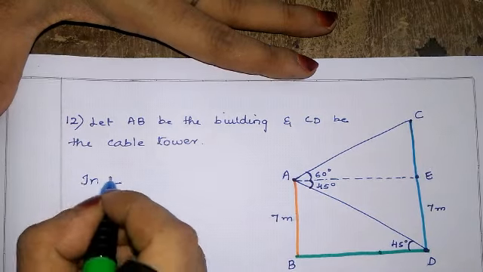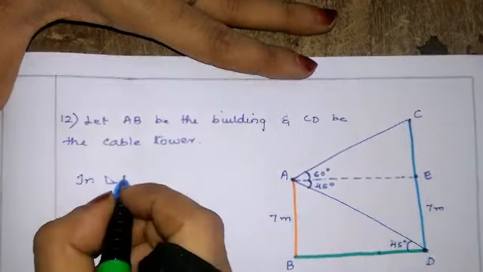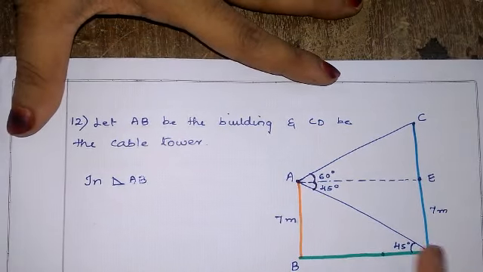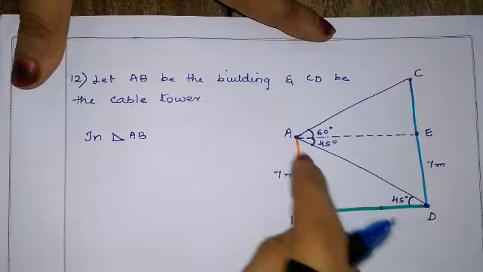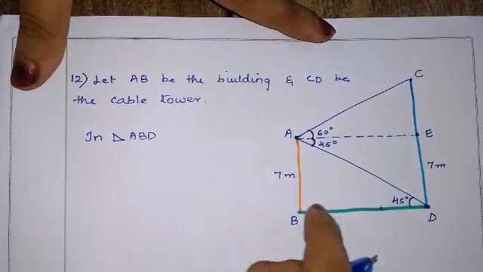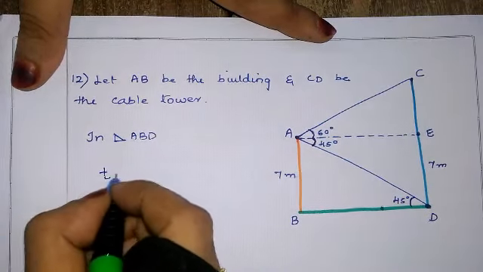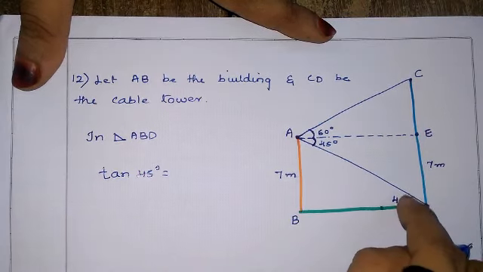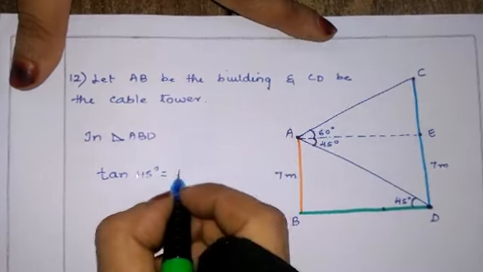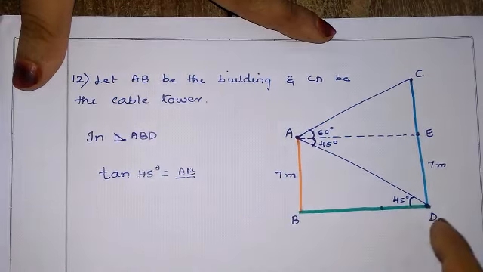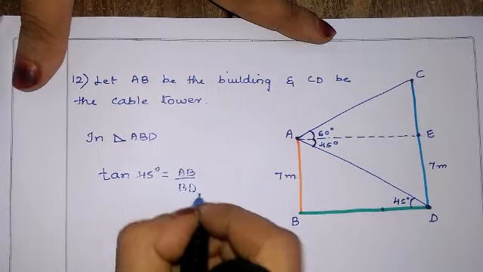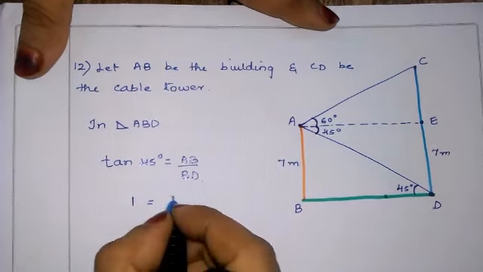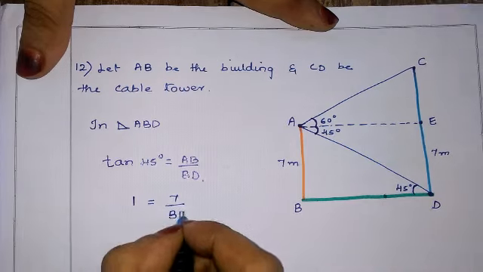In triangle ABD, in application of trigonometry, only right angle triangles will be used. So in triangle ABD, tan 45 degrees is equal to opposite upon adjacent, opposite AB, adjacent BD. Tan 45 is 1, AB value is 7 and BD we don't know.